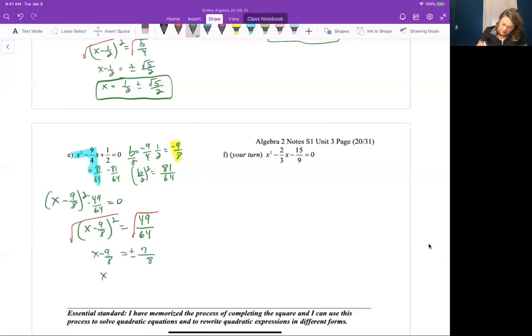We need to continue to solve, and we get 9/8 plus or minus 7/8. We should be able to simplify this rather easily. So 9 plus 7 is 16/8, so that's 2. And then 9 minus 7 is 2/8, which becomes 1/4. One more to go. Try it yourself.